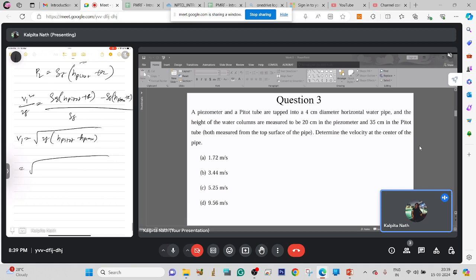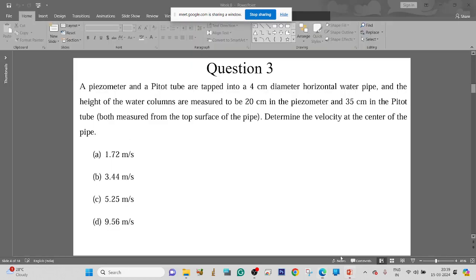So this is root over 2g into 35 minus 20. So this is 9.81, and 20 to the power minus 2 obviously to take it in meter, and this is equal to 1.72 meter per second. So this is option A, right? Now let's proceed to the next question.